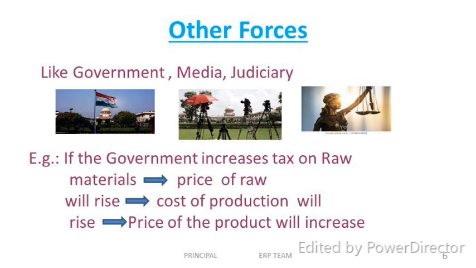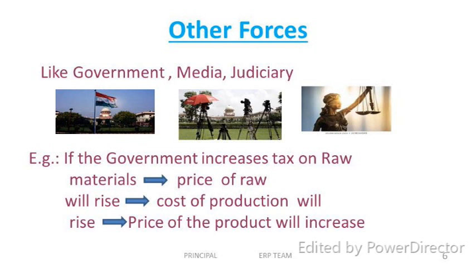Other forces. Other forces refers to government, media, legal courts, etc. This can be understood with the help of an example. If government increases tax rate, this implies raw materials which were bought at a price will be available at a higher price, which automatically will increase the cost of production.